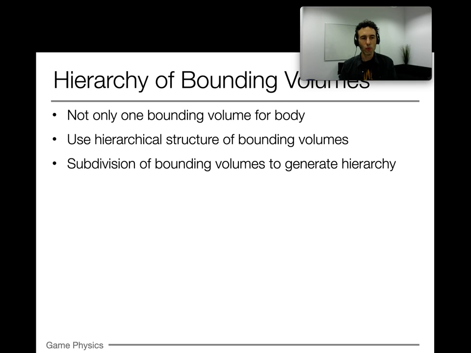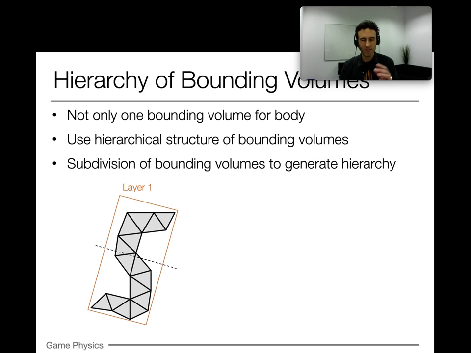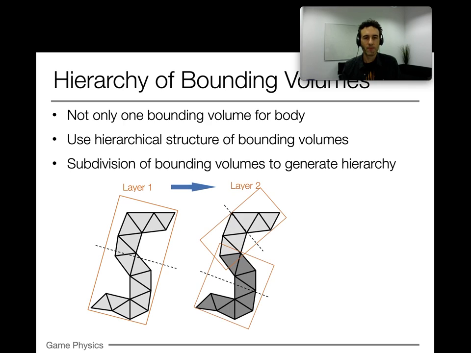Potentially the easiest way to look at this, if we take our S shape that was on the slides many times now, is a kind of top-down procedure where, in this case, we would take an oriented bounding box, fit it to our shape, and then to improve the approximation, we would break this down, for example, along the longest axis that we had. Then in the next level, we would split the geometry.